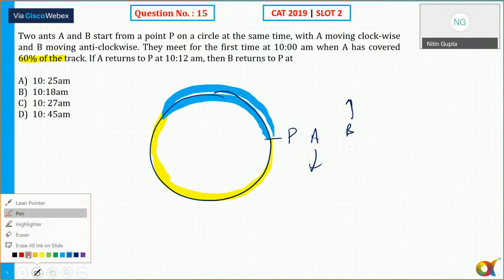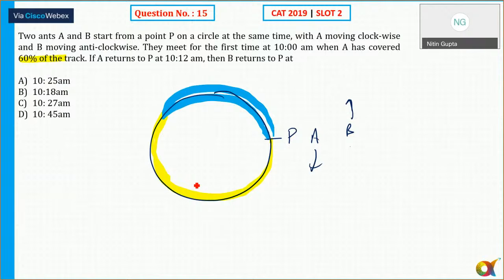The track B has covered 40%. So A has covered 60%. So I think this distance is 3x and only 2x, na? 60 and 40. Or you could have also taken it simply 6x and 4x. Okay. And they meet here.